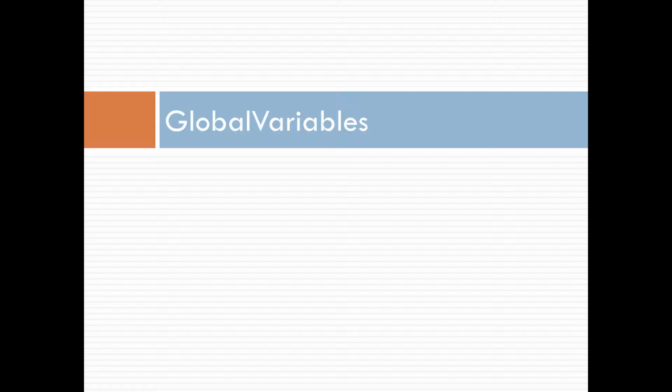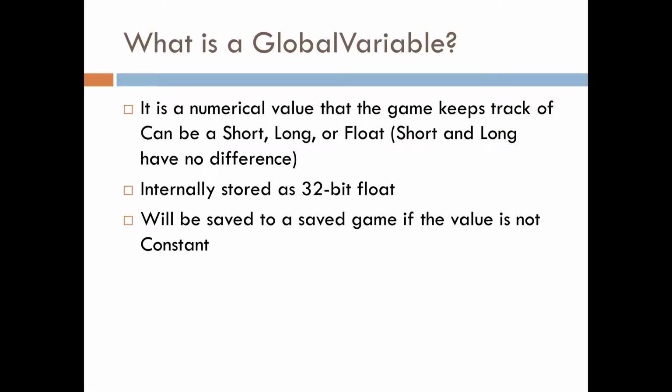Global variables. These are also good for variable scope. So what is a global variable? It is a numerical value that the game keeps track of. There's three primary types for a global: a short, a long, and a float.